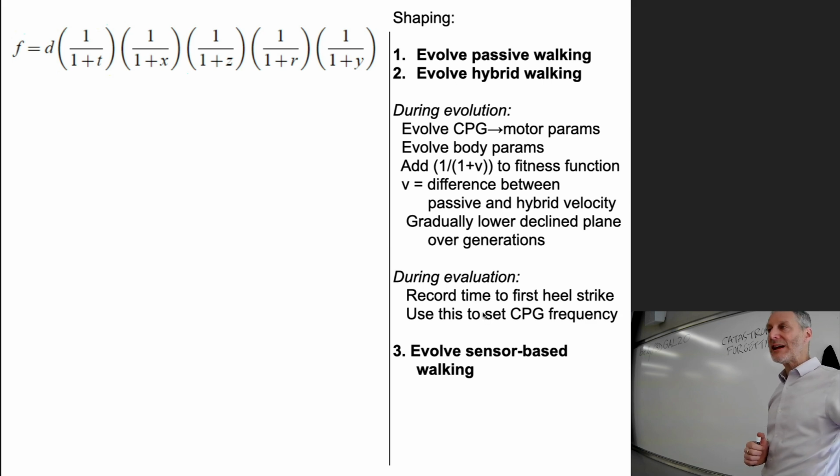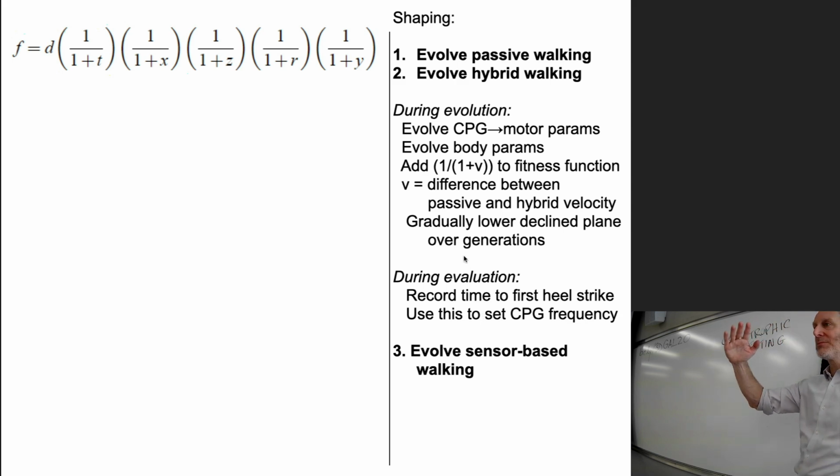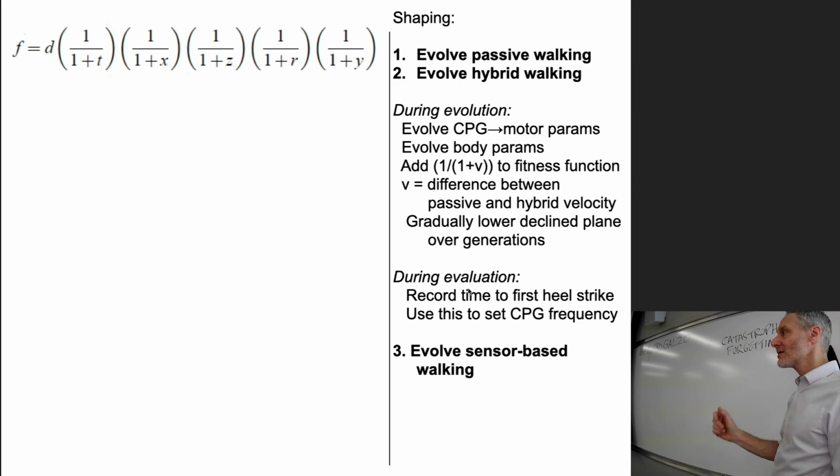At the end of phase 2, they now have a robot that can either walk down a declined plane in passive mode, only one pulse from the CPG, and it gets to the bottom of the declined plane. Or they can put the robot on flat ground, and the CPG emits a pulse, and when the robot's heel strikes the ground on flat ground, second pulse, third pulse, and it can walk in a hybrid manner on flat ground.